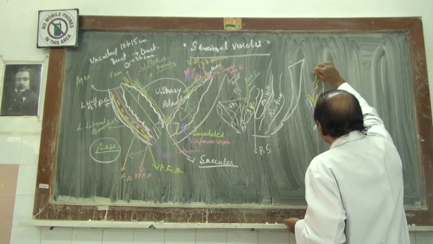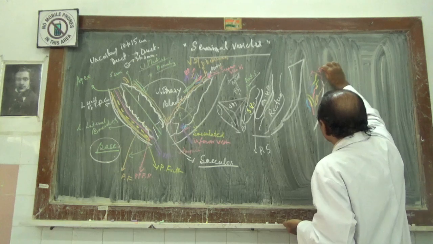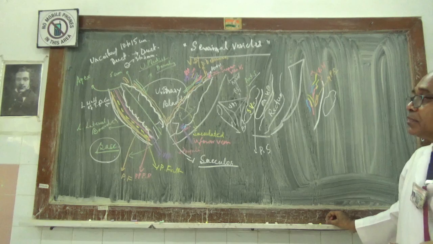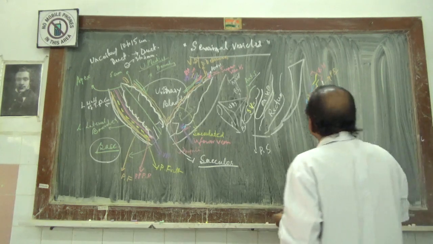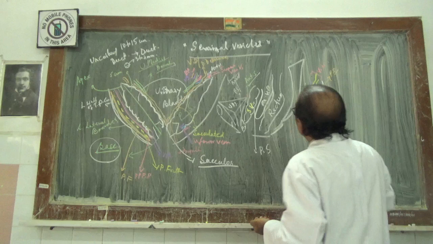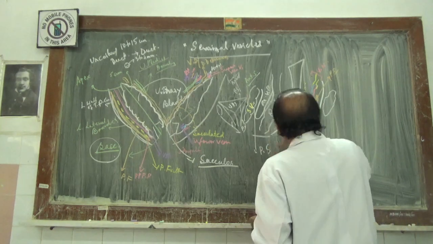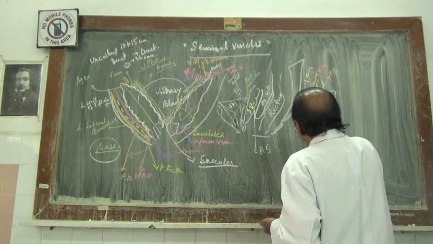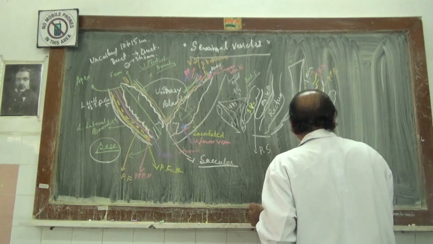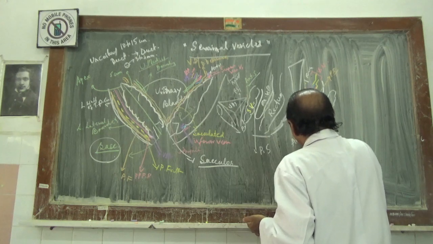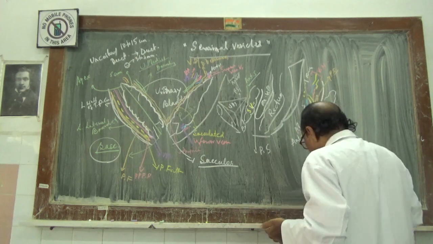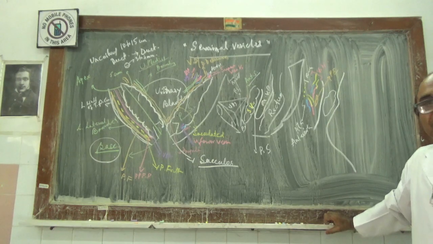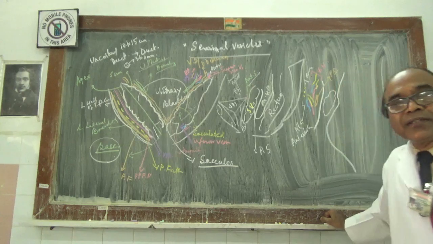So these are the vessels and nerves. Then it is also related to fat and areolar tissue. This is the anterior.